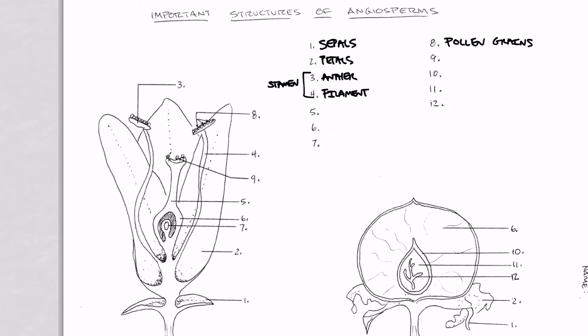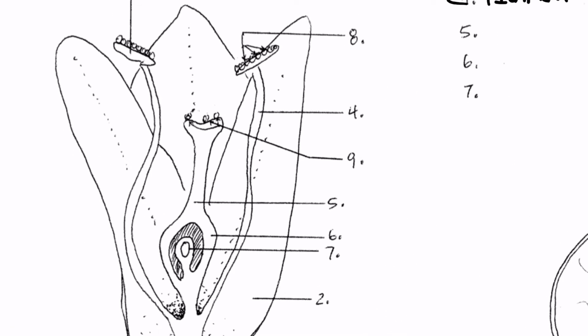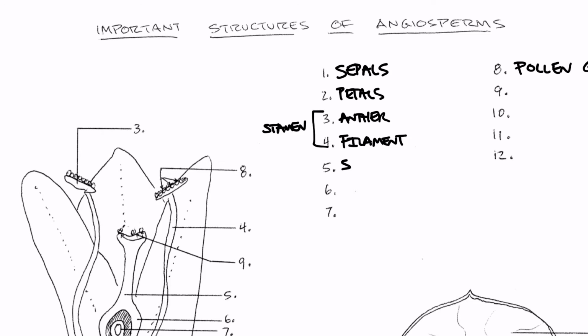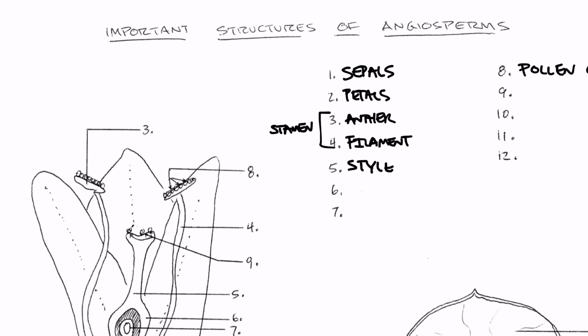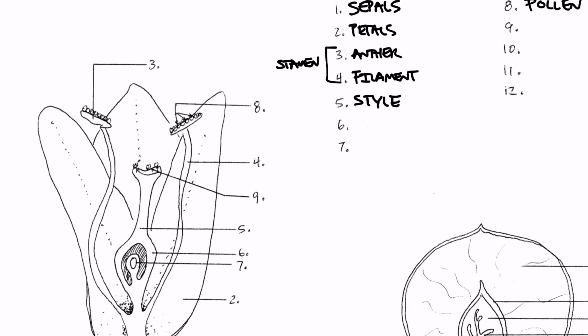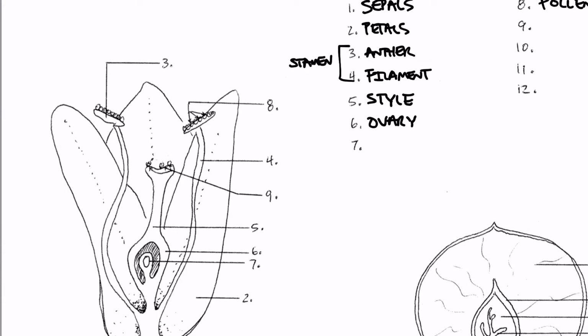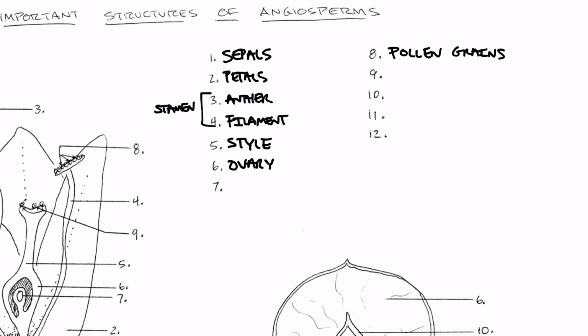The next piece is the female reproductive organ. So number 5 right here is called the style. Number 6 is the ovary. So right here, ovary of the plant. And this is kind of poorly done, but number 9 right here, where the pollen lands, up here, is called the stigma.